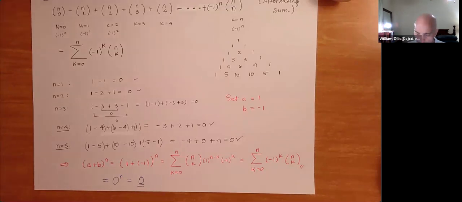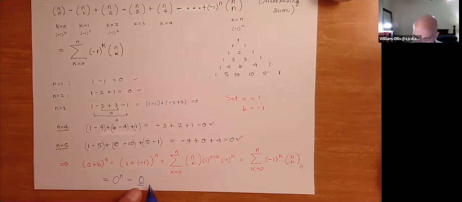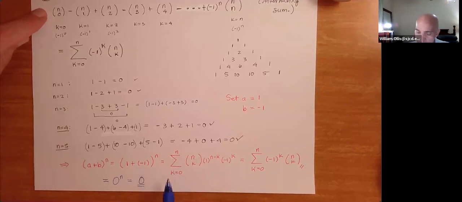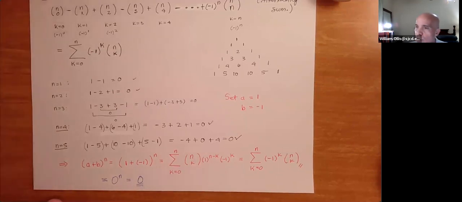But here, we're just saying 0 times itself n times. And we got 0. So what we're seeing here is that when we have this alternating sum, ladies and gentlemen, we get 0.